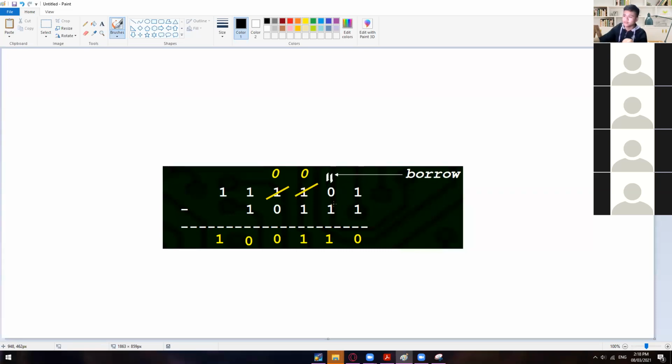All right, so that's how we borrow. Okay, so your 0 will become 11. Or in other words, sorry, this one will become 10.